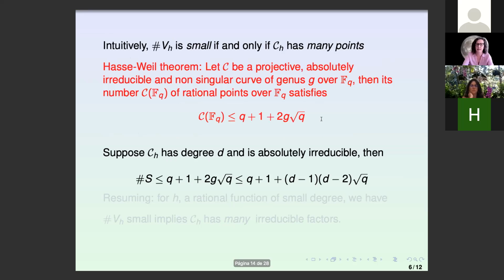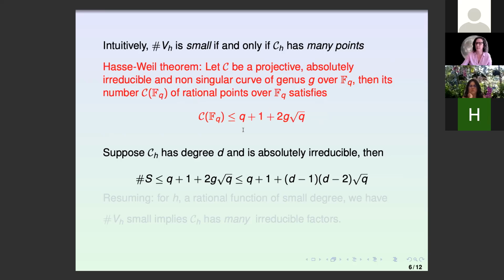But as I said, you have the Hasse-Weil theorem: if you have a projective absolutely irreducible curve of genus g, the number of rational points over F_q is at most q plus 1 plus 2g square root of q. This means that if your curve has many points, it should be a reducible curve. You should be able to factor it.